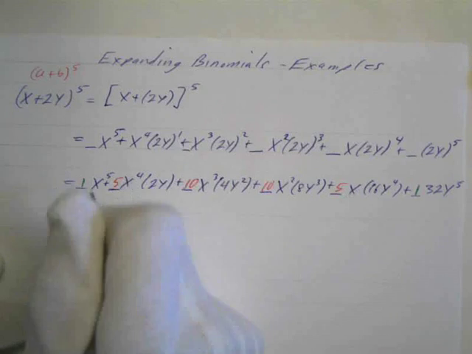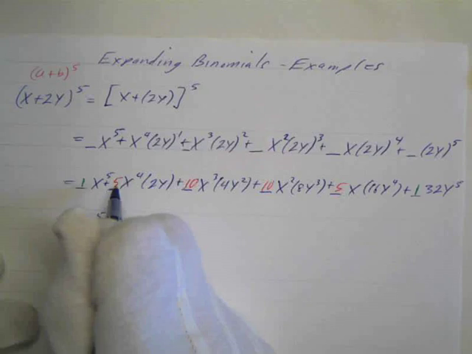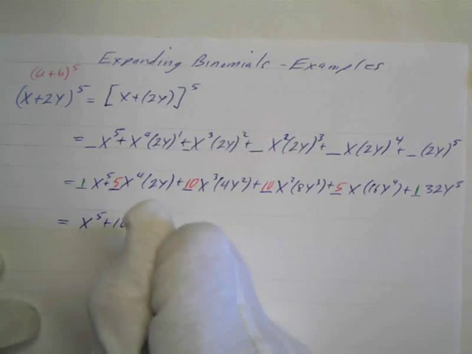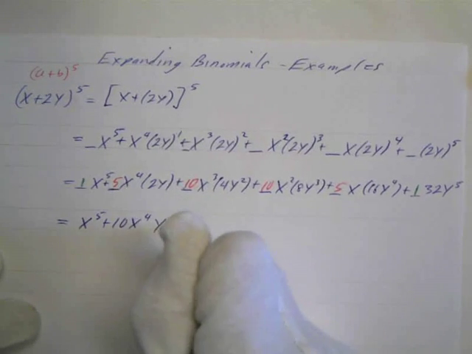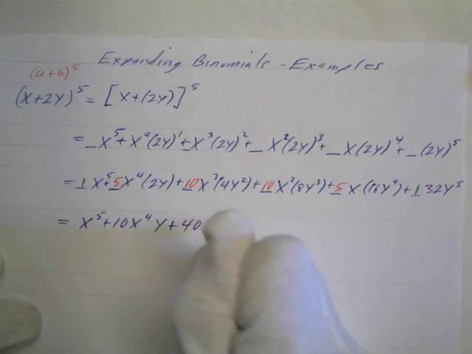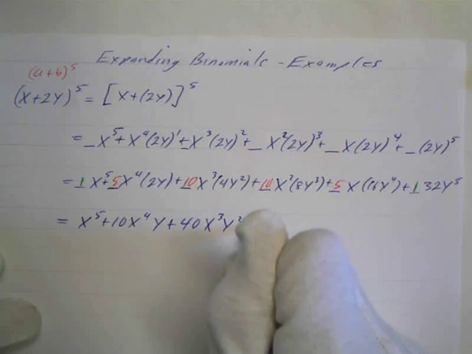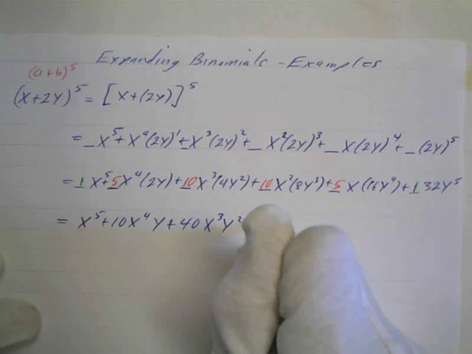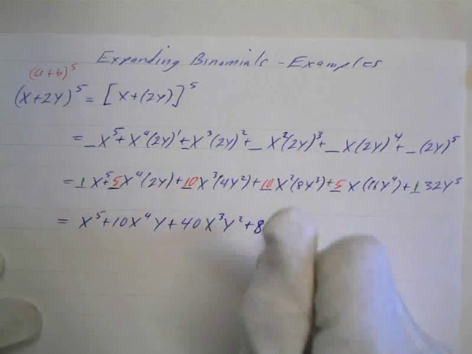So 1 is just 1. I got x to the 5th, no problem with the first term. And then I've got 2 times 5 is 10, so plus 10 x to the 4th y. And then plus 4 times 10 is 40 x to the 3rd y to the 2nd, plus, what's 8 times 10? 80 x squared y to the 3rd.